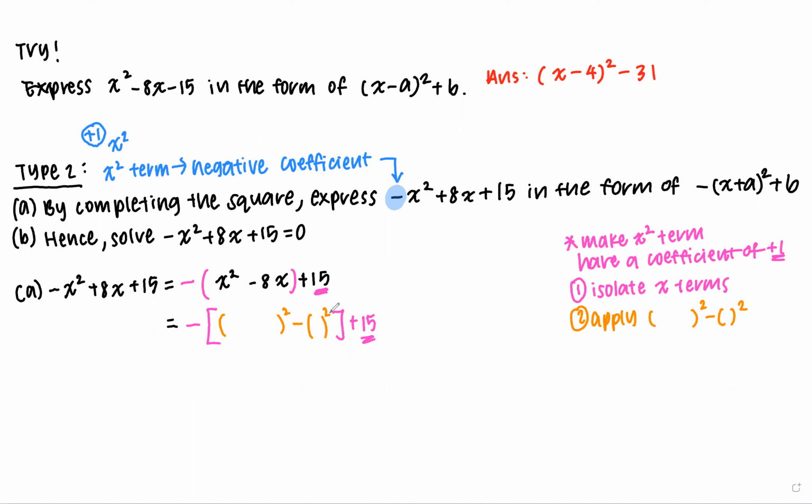All right. And then step 3 is that the x squared term becomes x. See the x squared term? Now it becomes just x.